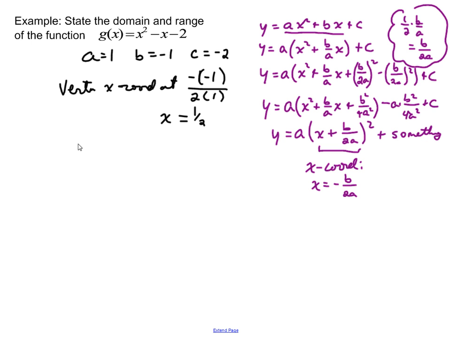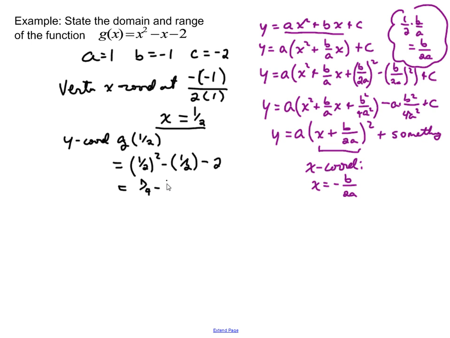Well, that's all well and good. What about the y-coordinate? Well, the y-coordinate is going to be found by substituting in this value, x equals 1/2, into our function. So in fact, we have to find the value of g of 1/2. In this case, that would be 1/2 squared minus 1/2 minus 2, which is to say 1/4 minus 1/2 minus 2. 1/4 minus 1/2 is negative 1/4.